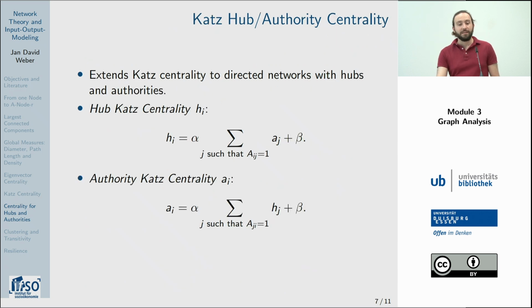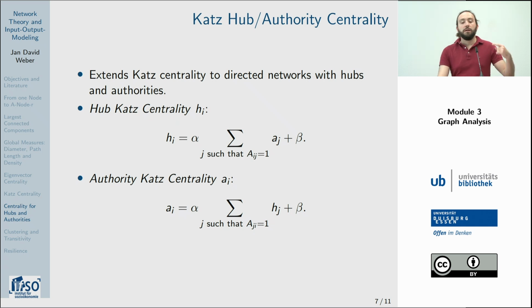We do exactly the same with the Katz hub and authority centrality. If you recall the Katz centrality measures earlier, we have this beta aspect, which gives a penalty for further distanced connections.